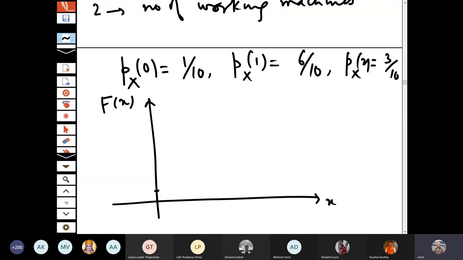At x equal to 1, the value is 6 by 10, so the CDF will become 7 by 10. This is 7 by 10. And then at 2, it will become 1. So if you plot it, it will look like this.